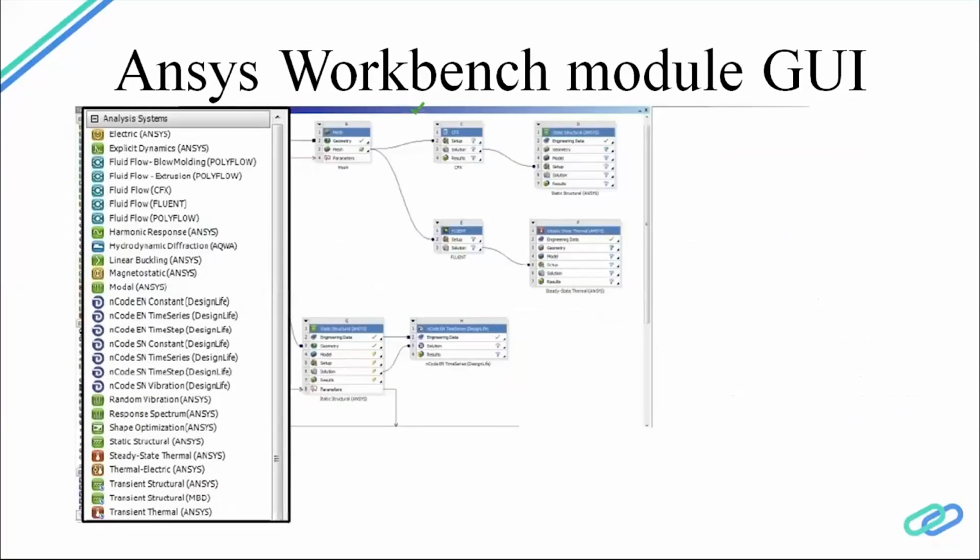So this is roughly what the GUI looks like. You can see that on the left side, you have analysis systems, different systems. You can directly pick and drop, pick and place, and you can connect different levels, like meshing to the next level.